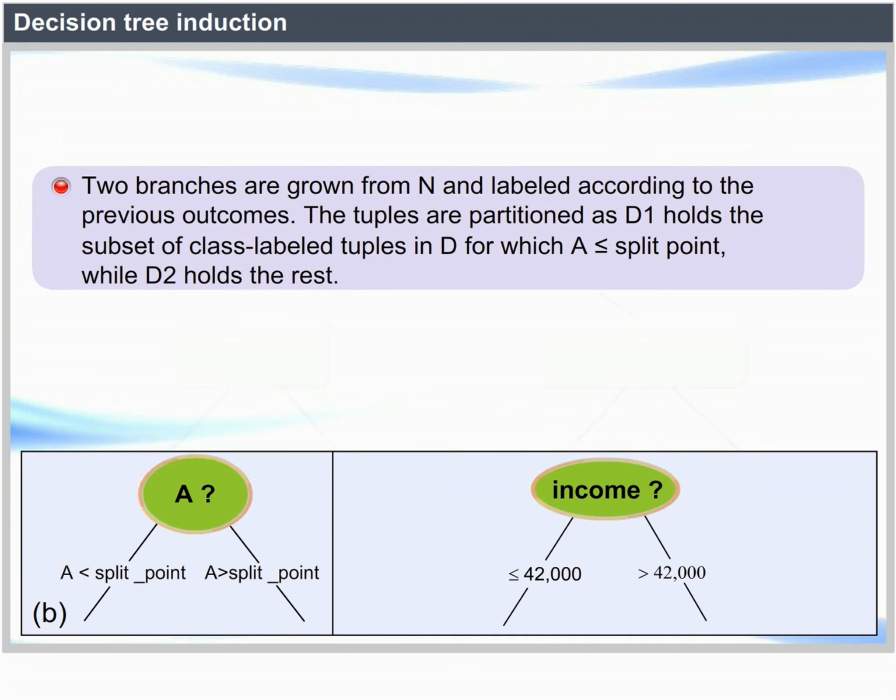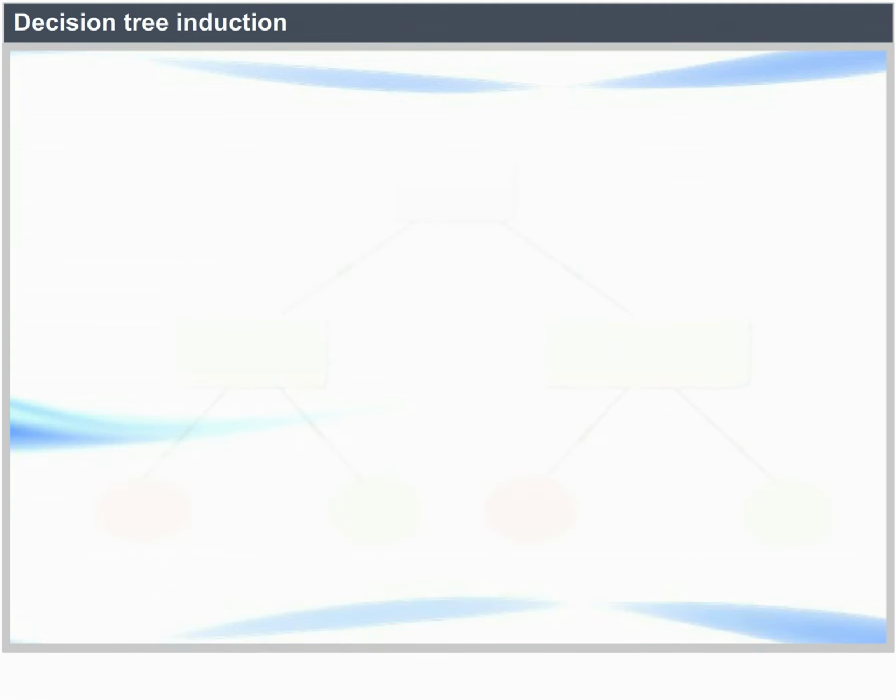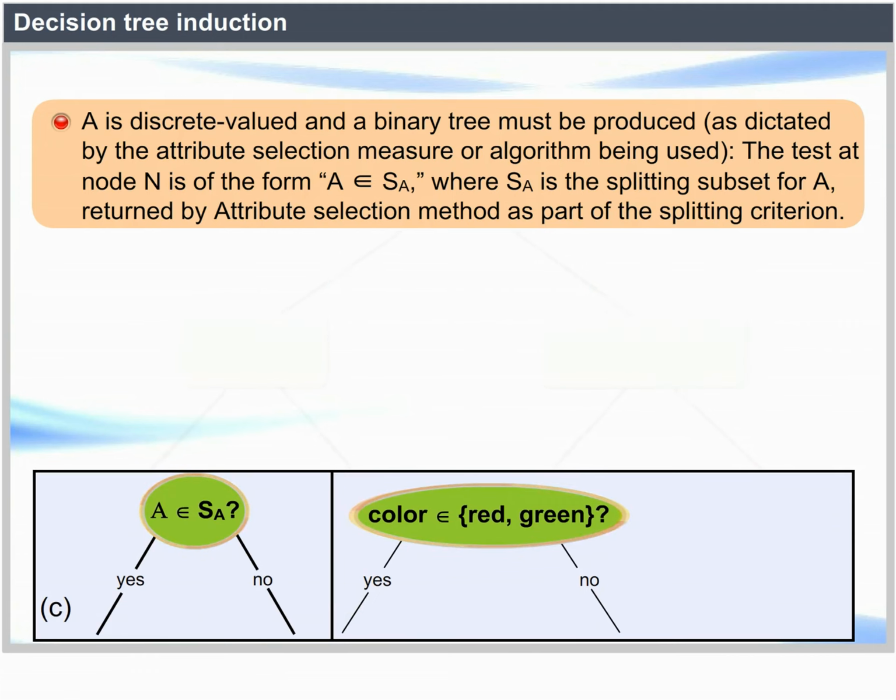The 2 branches are grown from n and labeled according to the previous outcomes. The tuples are partitioned such that D1 holds the subset of class-labeled tuples in D for which A ≤ split point, while D2 holds the rest. A is discrete valued, and a binary tree must be produced, as dictated by the attribute selection measure or algorithm being used.